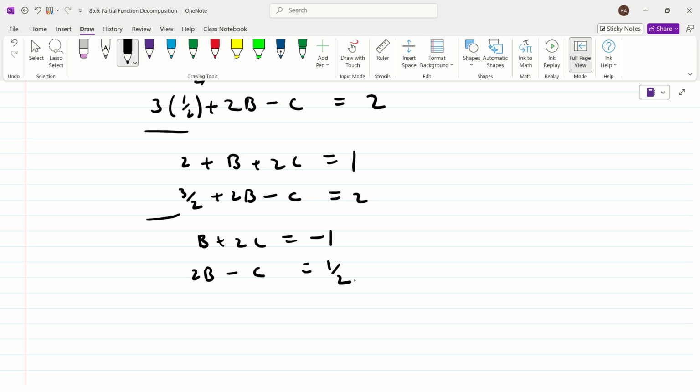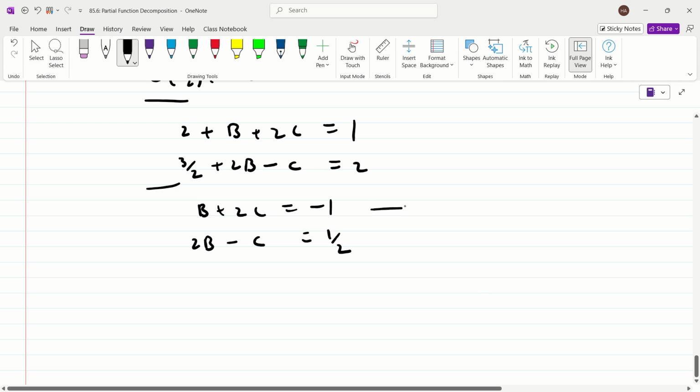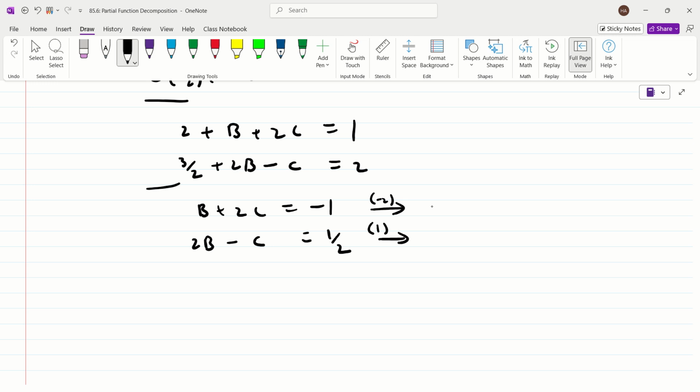And from here, you can multiply or substitute any which way you like. We can take equation 1 multiplied by negative 2, equation 2 multiplied by 1. So you got negative 2b minus 2c is equal to 2, and 2b minus c is equal to 1/2.